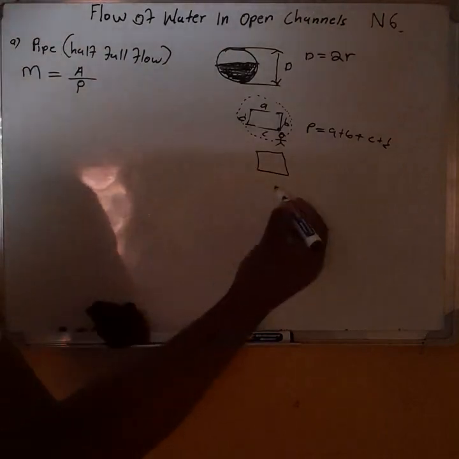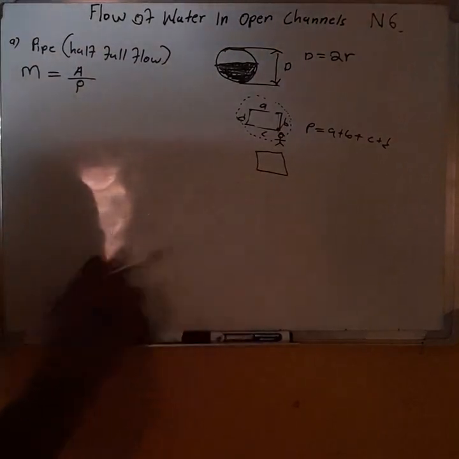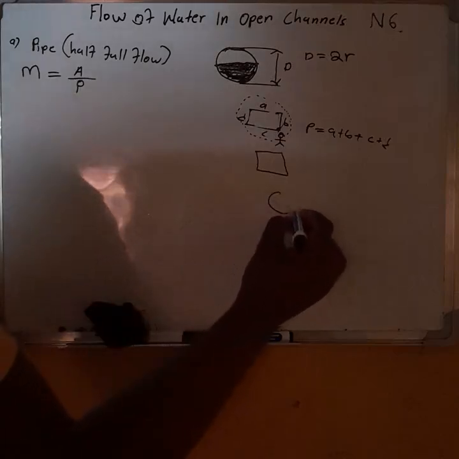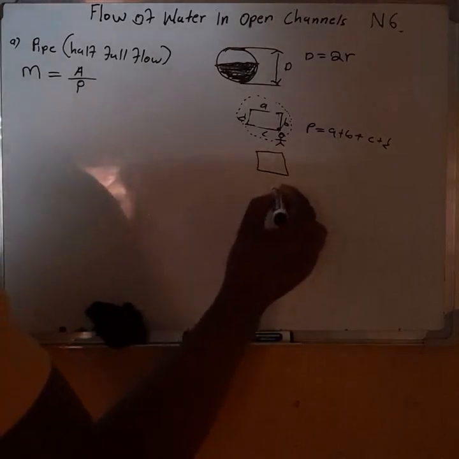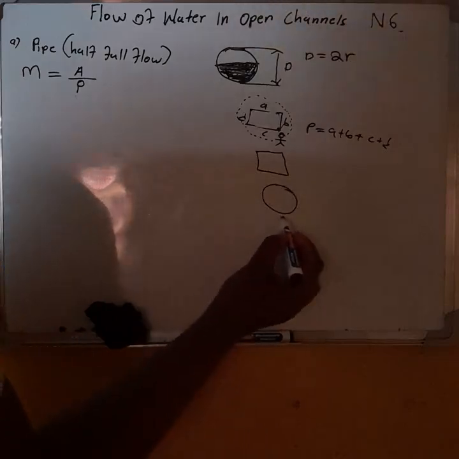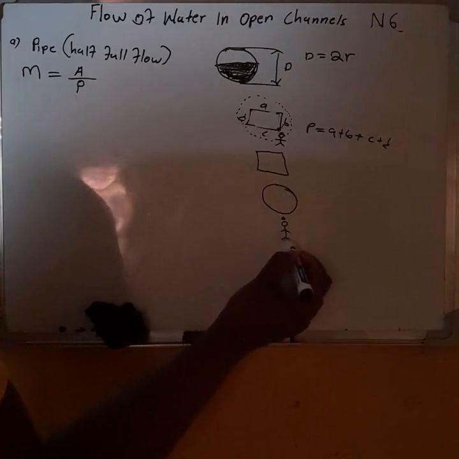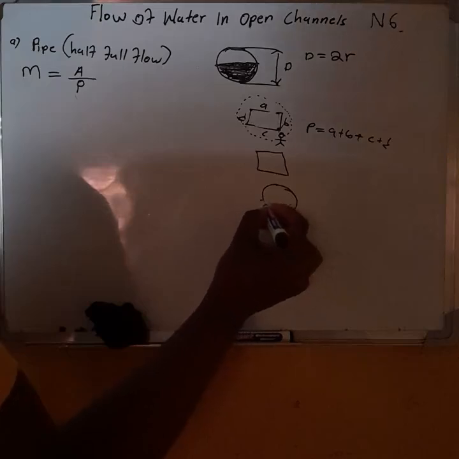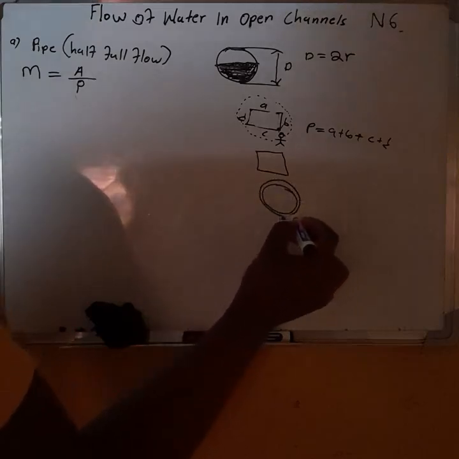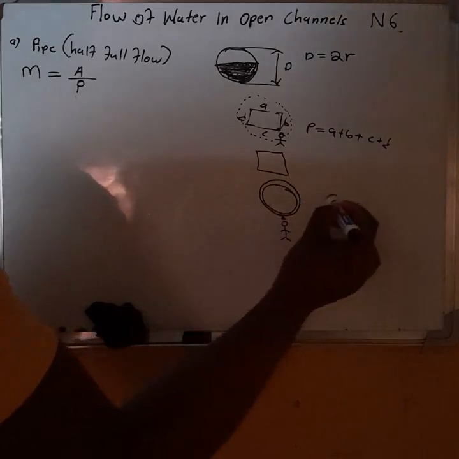Now mathematically, this is a circle. When you move, let's say you are here from this point, you are traveling in this direction like this, your path will form a circle.